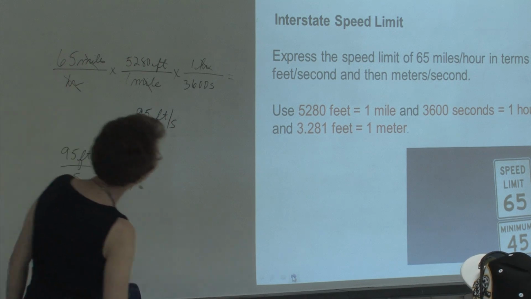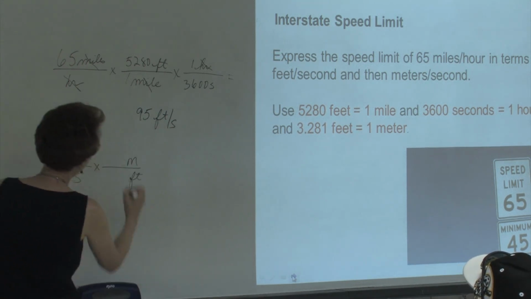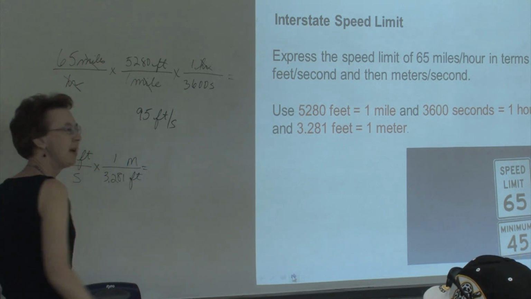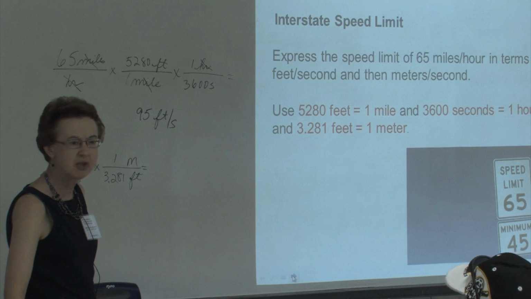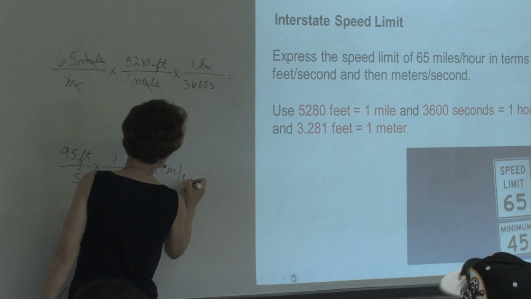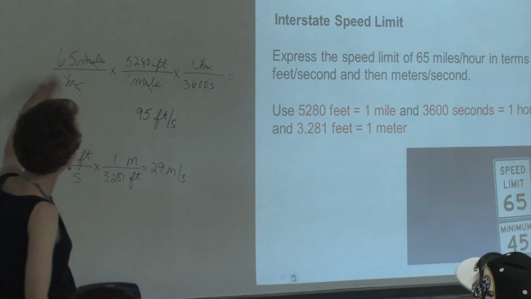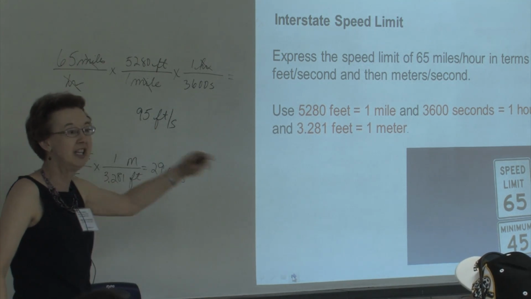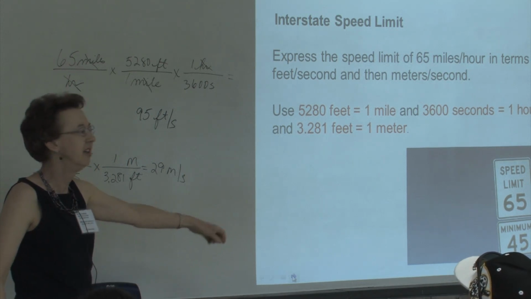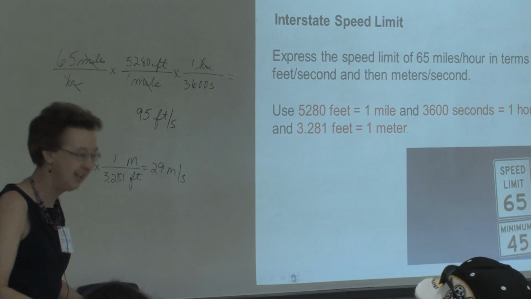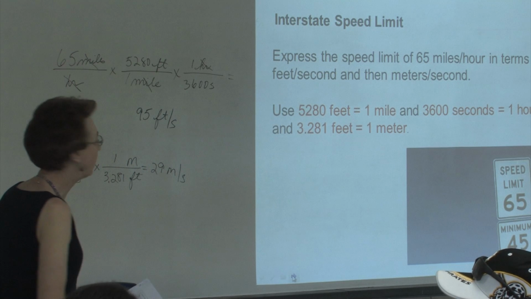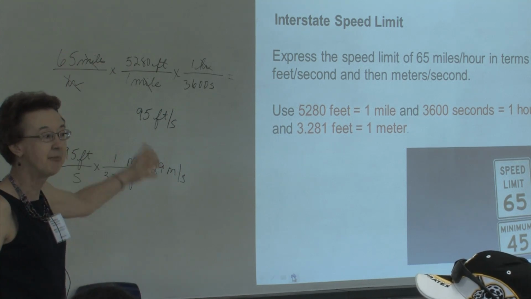And what conversion did I give you? 3.281, so 1 meter is 3.281 feet. I think that's about 29. Is that what you get? Good, 29 meters per second. This is the way I like to do it, because that way I can be sure I cancel my units. Is that what you do with your students? Yeah, you try. I try. I feel more confident when I can see things out step by step.